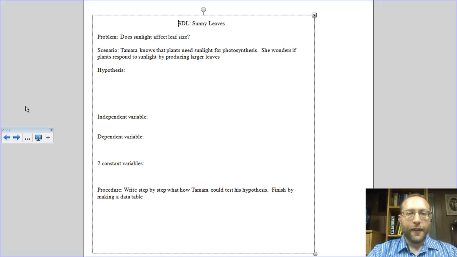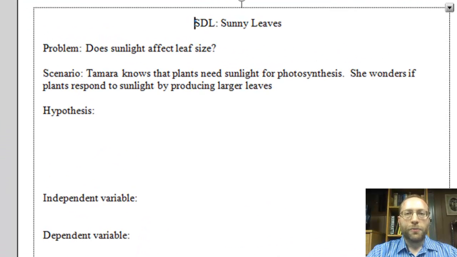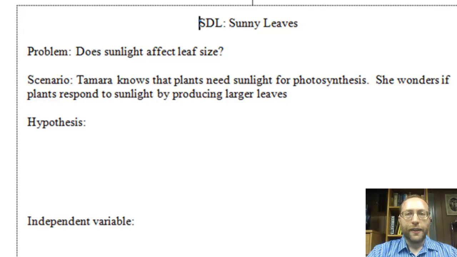So here we have a typical SDL lab, and in these labs you design an experiment, you don't actually do the experiment. And the first part is the thing which sets the actual question, and you have a scenario and a problem, and the problem is the question you're going to be answering in designing your experiment, and the scenario is what brings about the question.